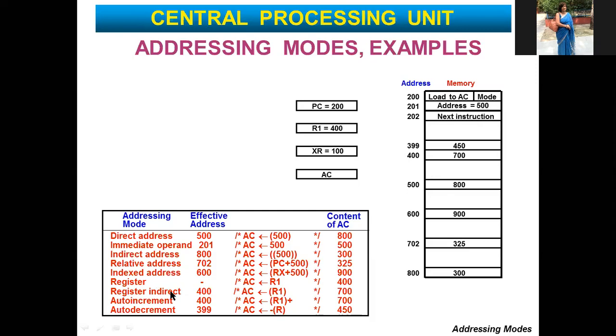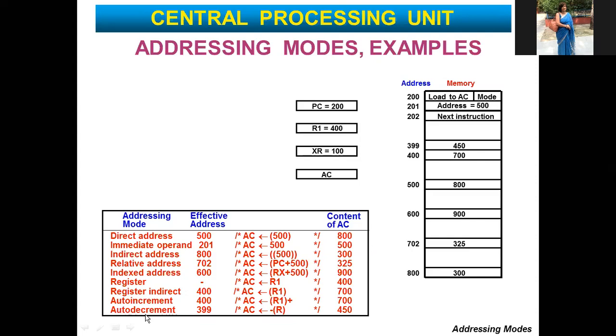For the present instruction, its value will be similar to register indirect. It will not have any impact on the effective address and not on the value of the operand stored in the AC. So you can view that in case of register indirect and in case of auto increment, the effective address in both cases is the same, and similarly the content of AC in both cases is the same.